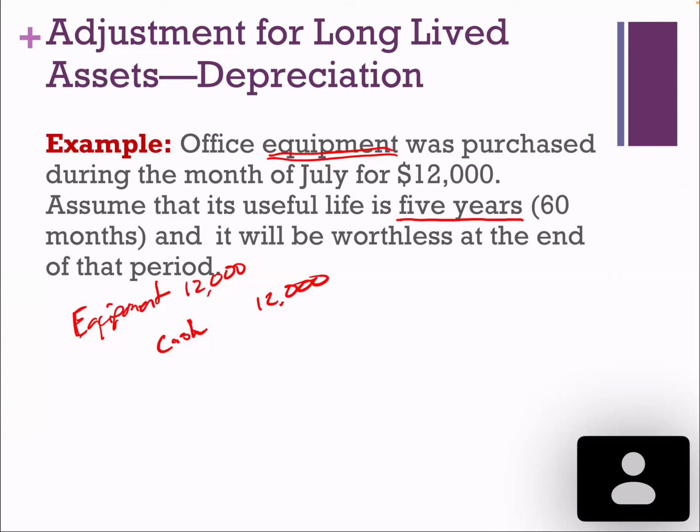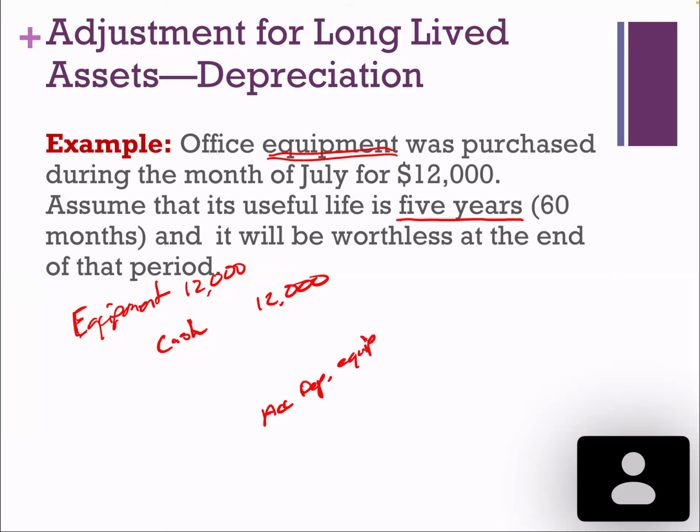Then at the end of the month, we need to show that some of the useful life of the equipment has been consumed. So we're going to credit, we call the account accumulated depreciation, equipment.